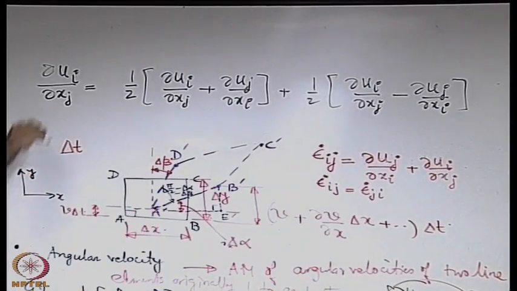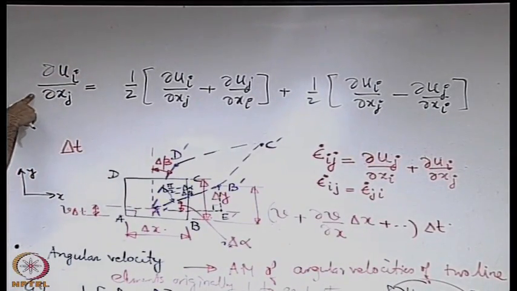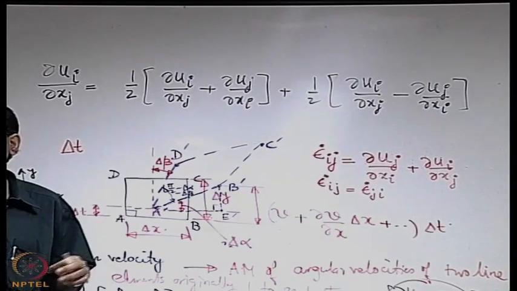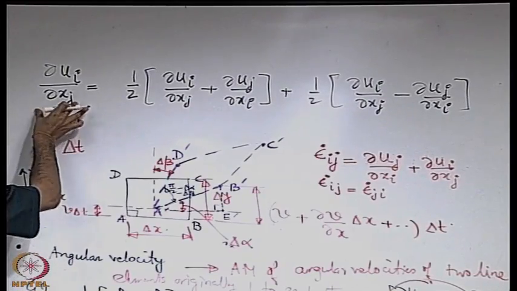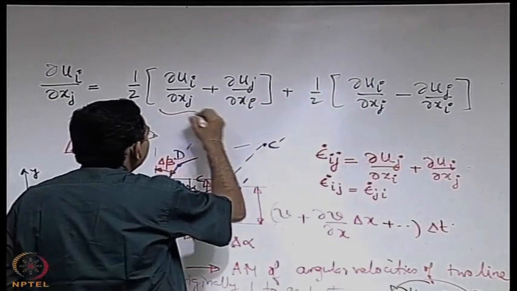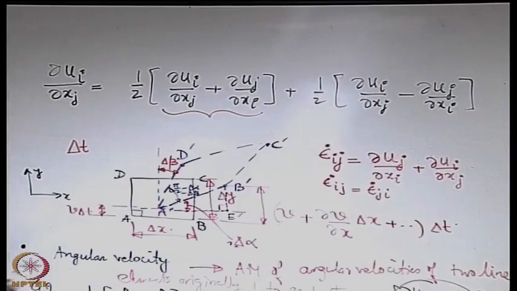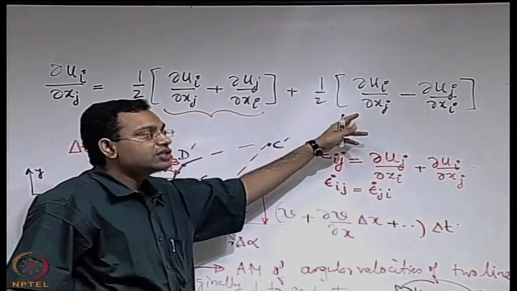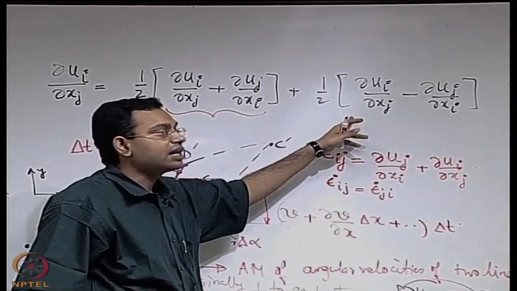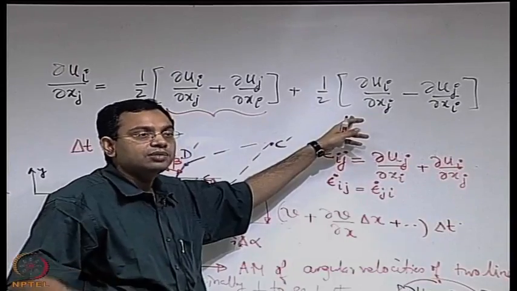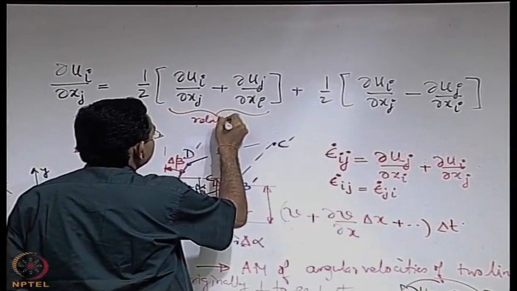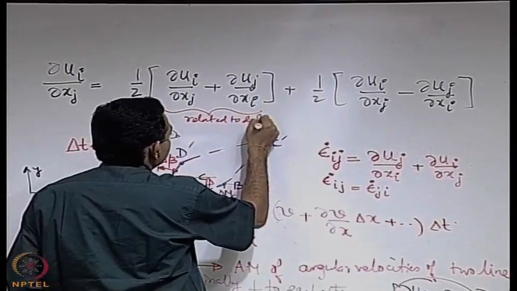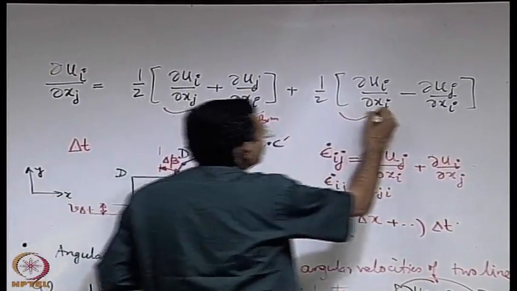Why it is important, because this is a general velocity gradient, and a general velocity gradient is what is expected to be related to deformation. Now you see that when you have a general velocity gradient, only one part is related to deformation and another part is not related to deformation, it is related to just angular motion like a rigid body. So this is related to deformation and this is related to rotation.